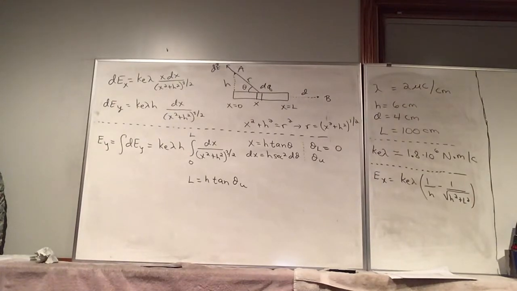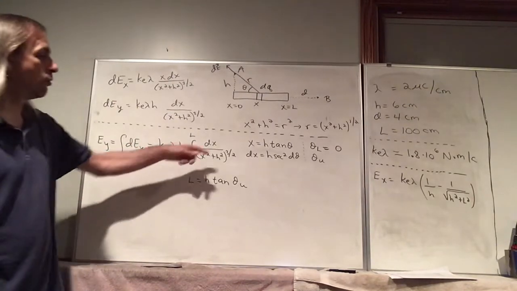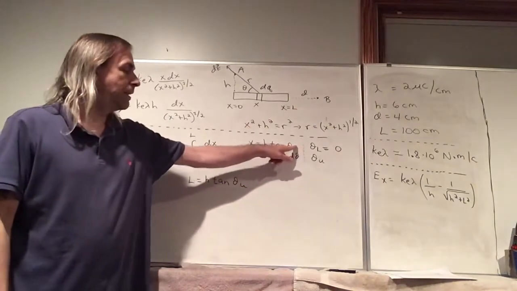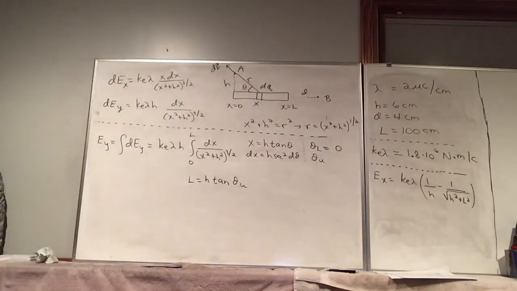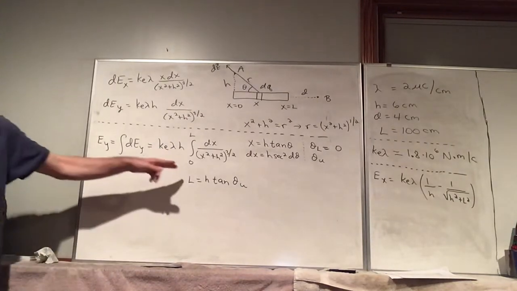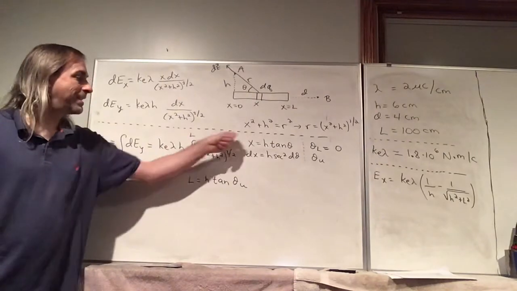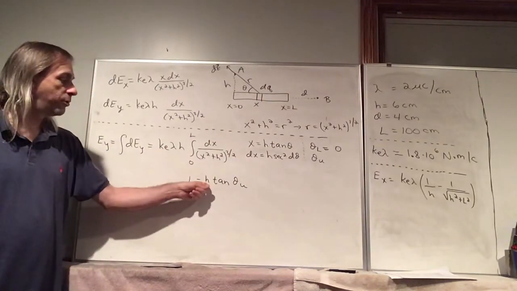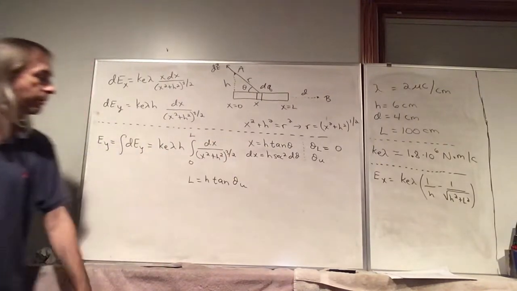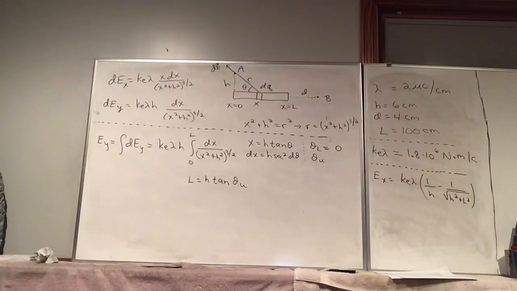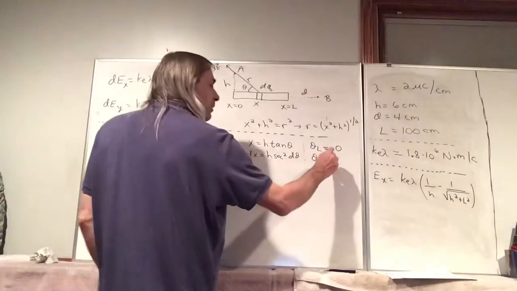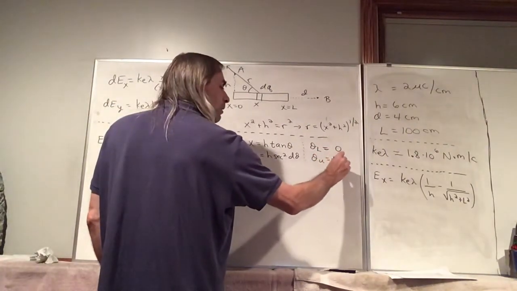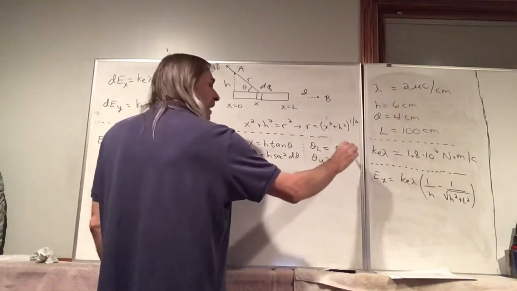So we plug in x equals 0, and then theta L is 0, tangent of 0. In this case, at the upper limit, x is L, so we have L equal to h times tangent of theta U. And so theta U is the inverse tangent of L over h.